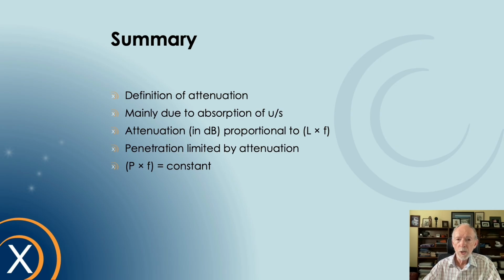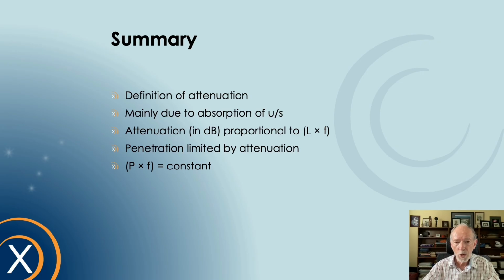When we're looking very superficially and only penetrating a short distance, we can use much higher frequencies, perhaps 15 or 20 megahertz if we're looking at the thyroid, for example, and get much, much higher resolution. There are even specialized areas such as ophthalmology where the attenuation is very small and very high frequencies can be used.